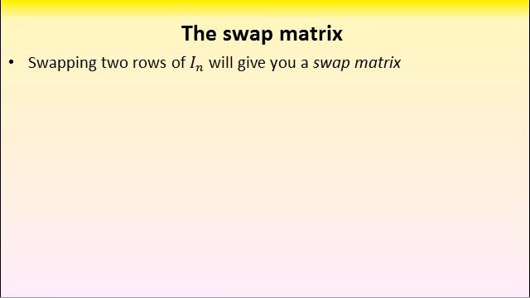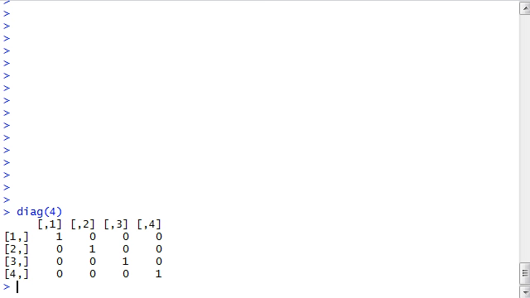To get a swap matrix, you start with the n by n identity matrix, and then you swap 2 arbitrary rows. Here is I4. And by the way, I have switched to RStudio, which I find more user-friendly. If you want to download it, you'll find it at rstudio.com.